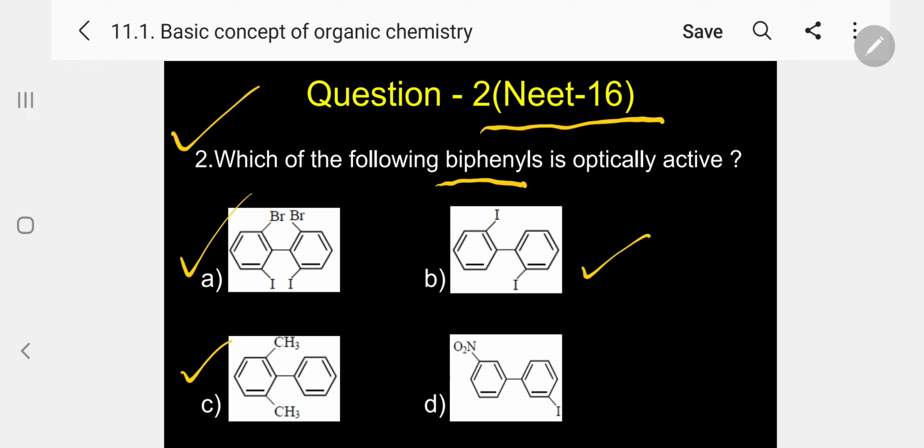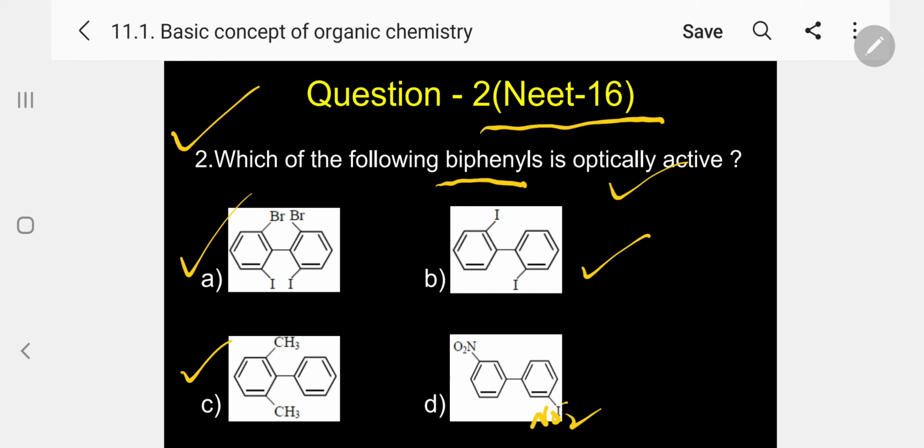In the third case, one benzene ring has two methyl groups and the other benzene has no substituent. The last one has NO2 in the meta position of one benzene ring and again NO2 in the meta position of the other. The question is, which is optically active?